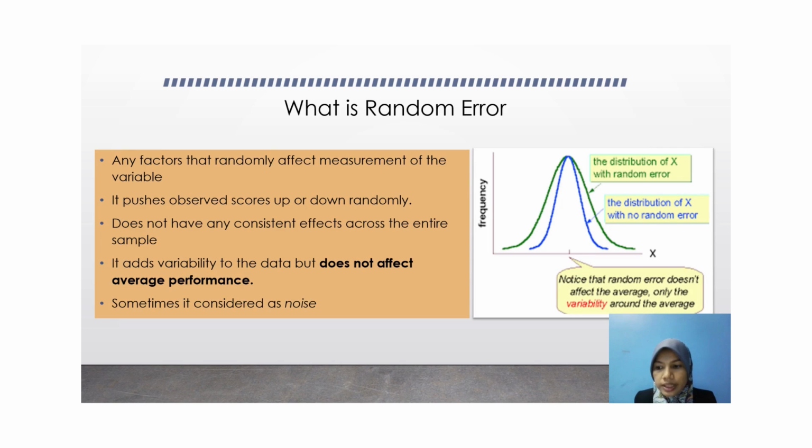What is random error? Random error is caused by any factor that randomly affects measurement of the variable across the sample. For instance, each person's mood can inflate or deflate their performance on any occasion.